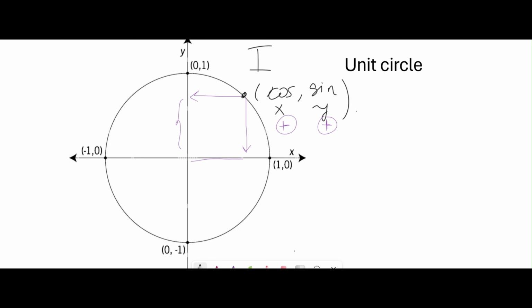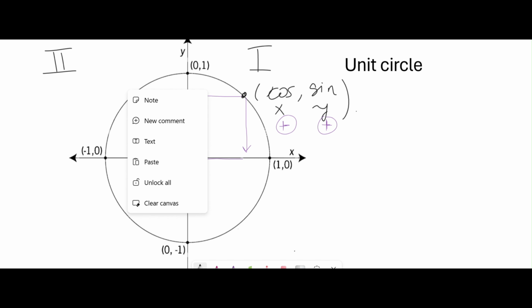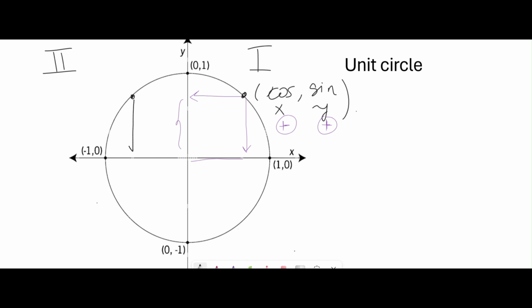Okay, let us move on to the second quadrant. If we have any point, for example, this point over here, the cosine value and the sine value. The cosine value will be something negative, right? While the sine value, the one on the y-axis, is still positive. Perfect.